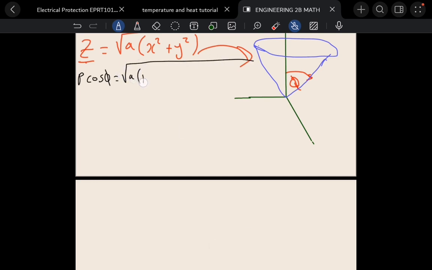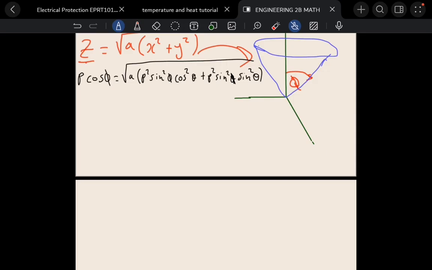Your x is going to be rho squared sine squared phi cos squared phi, plus your y, it's going to be rho squared sine squared phi sine phi and sine squared theta.